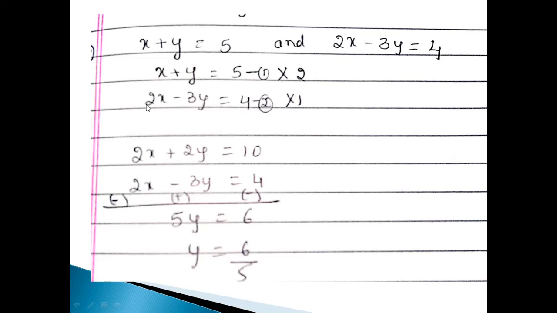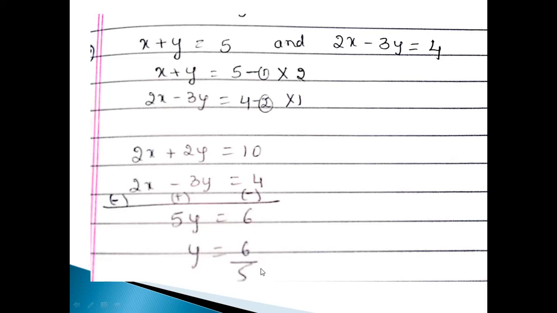The coefficient of x in the second equation is 2, multiplied to the first equation. 2 into x is 2x, plus 2 into y is 2y. 2 5s are 10. 1 2s are 2x. 1 into minus 3y is minus 3y. 1 4s are 4. So once again subtract and cancel this one. This is minus, this plus, this is minus. Cancel these two. Plus and plus, we have to add these two. 5y is equal to 6. So y is equal to 6 by 5.